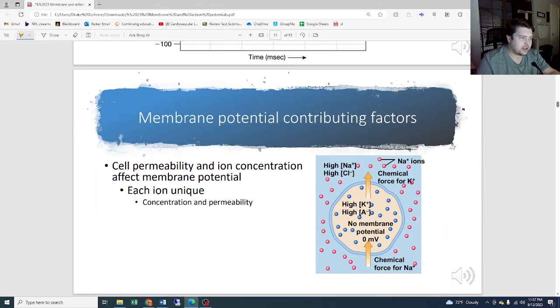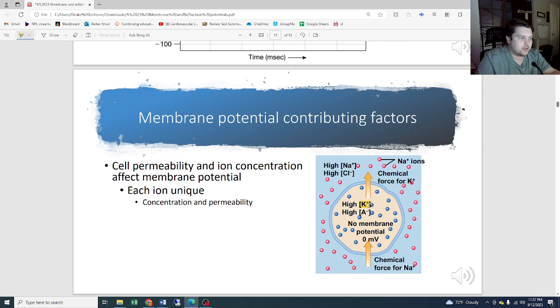The contributing factors to membrane potential: cell permeability and ion concentration affect membrane potential. We have the different unique ions, for example sodium and chloride, as well as potassium.